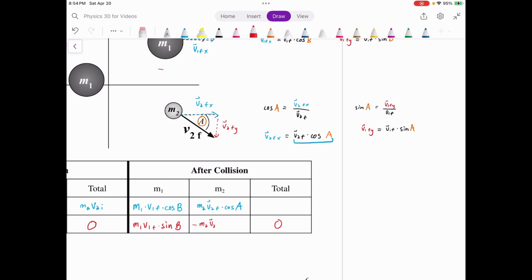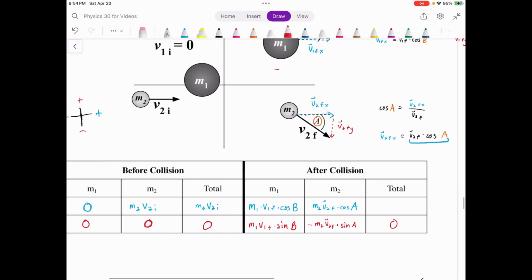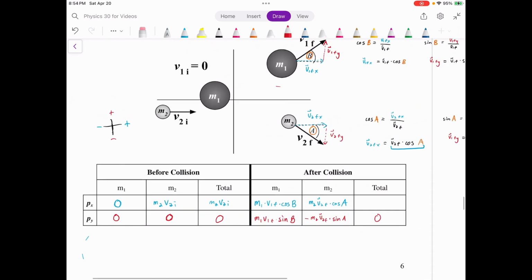Mass 2 times velocity 2 final times the sine of A, because the y component is opposite to that angle A. And there we go. So these two added together have to equal 0, because initially there was 0 momentum in the system. And then these two added together have to equal the initial x momentum, which just came from mass 2.